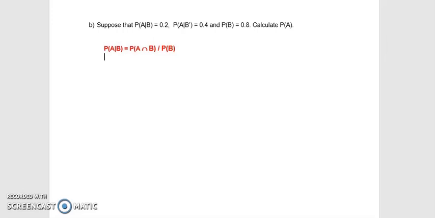A given B, we know that it is equal to 0.2. We don't have probability of A intersect B, so you just write it back as probability of A intersect B divided by probability of B. Probability of B is 0.8.